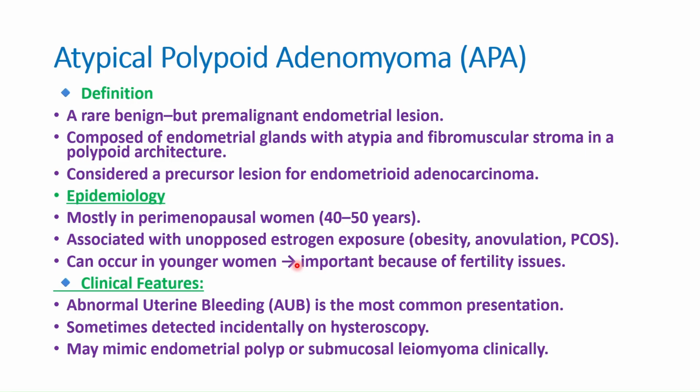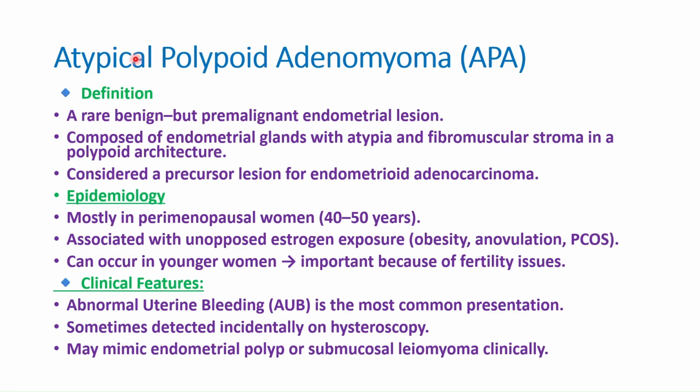Now, atypical polypoid adenomyoma, which is APA. As the name suggests, atypical means here we have to look for atypia in the glandular epithelium. Polypoid, it is polypoid in nature, in appearance, so we have to differentiate it from endometrial benign polyp, and adenomyoma means glandular as well as smooth muscle presence in this polyp.